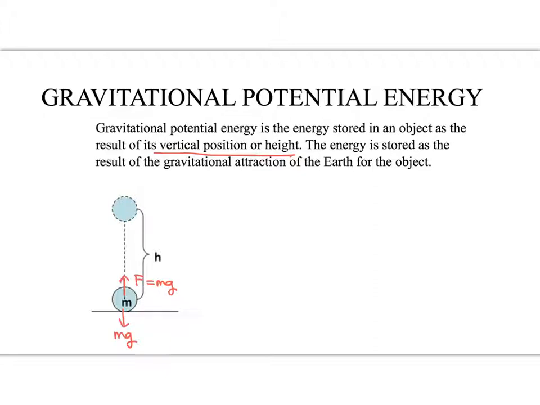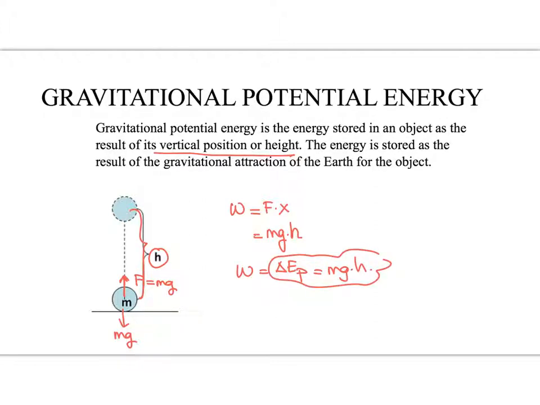So this force is applied in a vertical direction and the vertical displacement is equal to h. So from work done, force times the distance, force applied is equal to weight of the object and distance taken is h. So as work done is equal to change in energy, here the object gains potential energy. So the potential energy has the formula mgh.